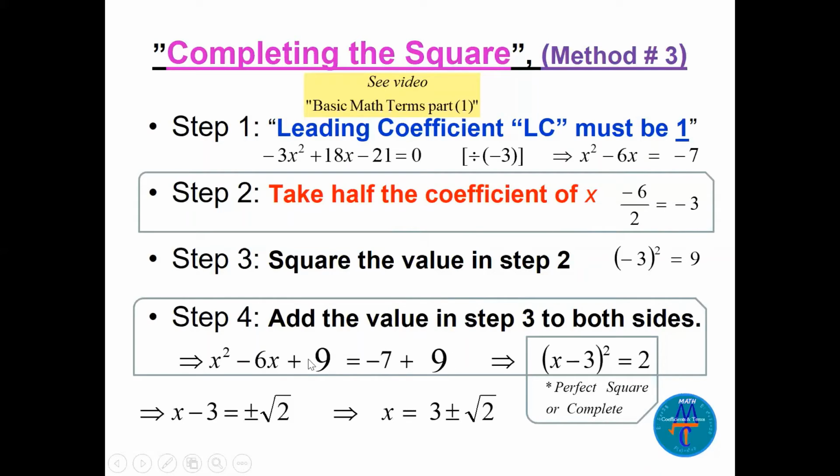Now this one becomes a perfect square, or completed square: x minus 3 squared is equal to 9. Then take the square root of both sides. You can find the value for x. So this is the way to solve a quadratic. Remember, here we are solving quadratic only, this quadratic here, power 2.